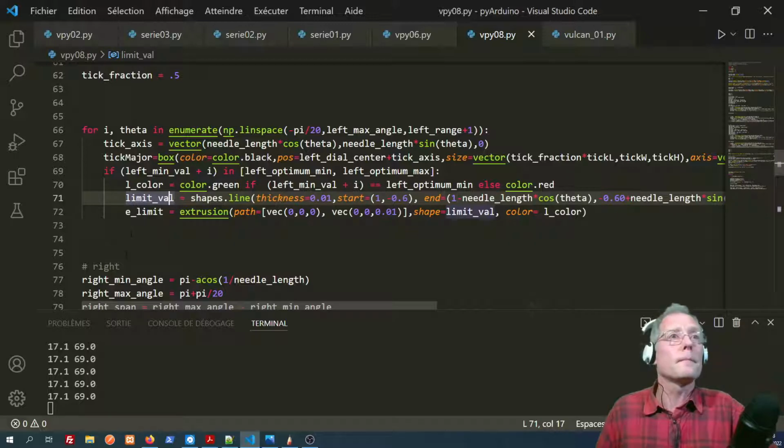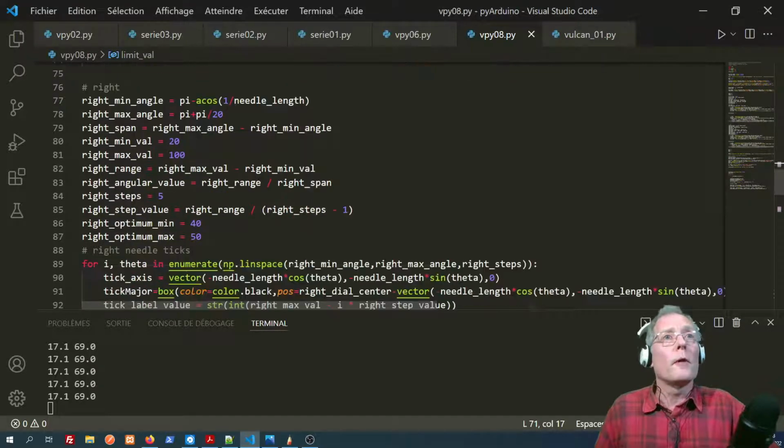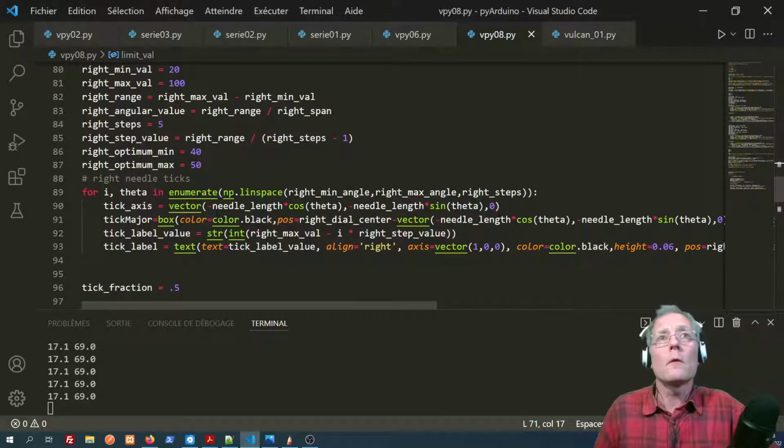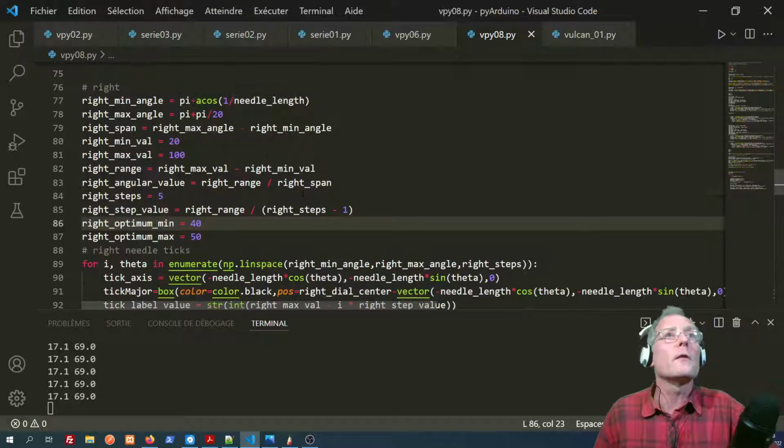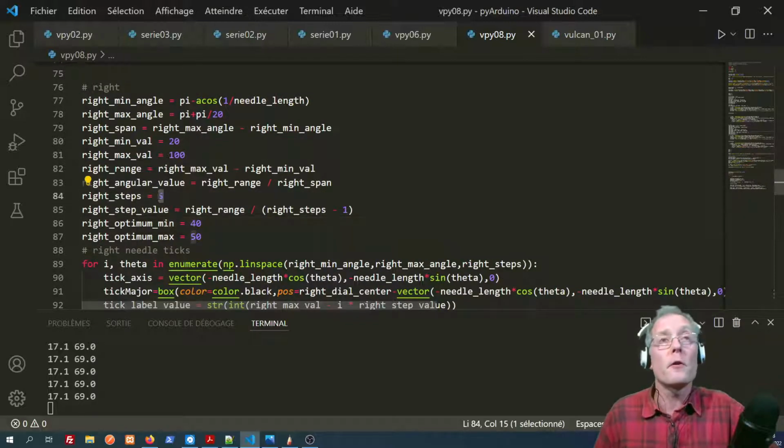Okay, and then we do almost the same for the right one, with just different values for the number of steps here. It's not 6, it's 5 here, because we have 4 divisions.